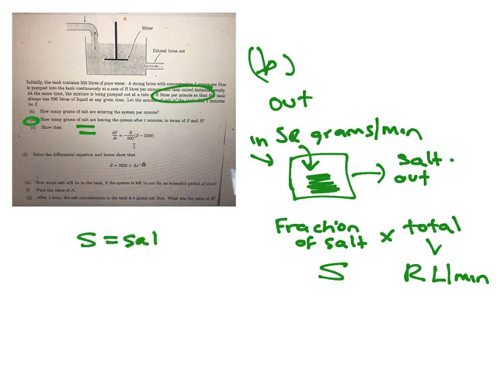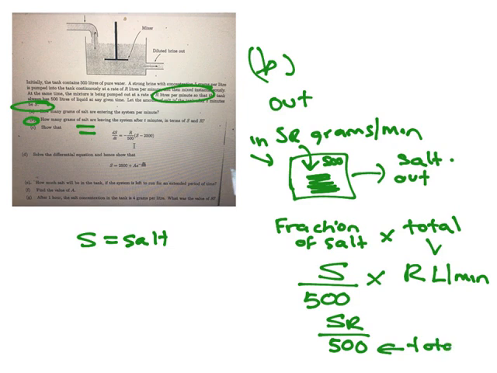We let S be the amount of salt in the system, and the total volume in that system at any given time was 500 litres. So salt would be S out of 500 times R. So it's SR out of 500, and the total remains constant.